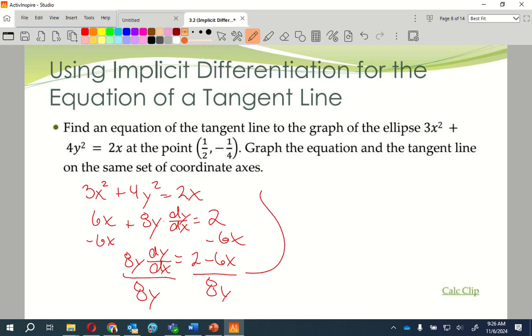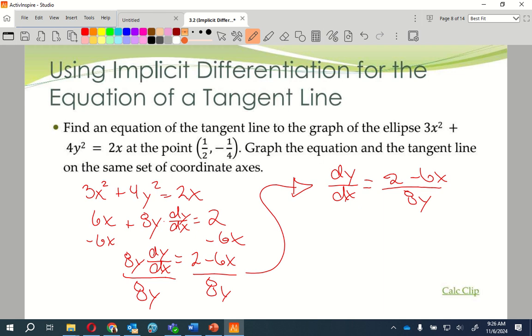So I'm going to bring this up over here now. So as I do that, I'm now going to have dy/dx is equal to 2 minus 6x over 8y. Can we leave it as that?